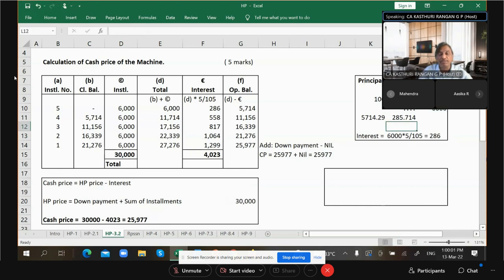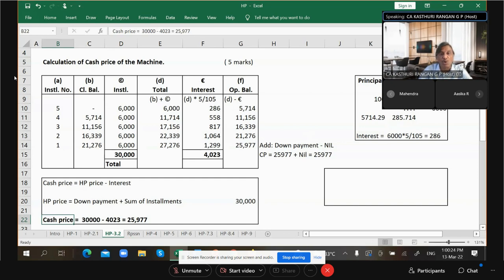What will be the principal? 6,000 minus interest will be the principal. So therefore the interest will be 286. That's what we have done. Like this, if you do for every installment, we'll get the interest eliminated from the 30,000 rupees. Balance will be cash price.